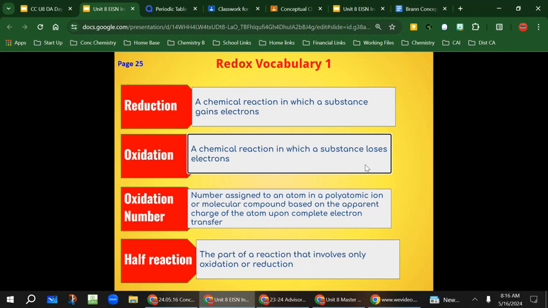Can you repeat the Leo the lion one? Loses electrons, oxidation. Mister, can you write on the board? Sure.